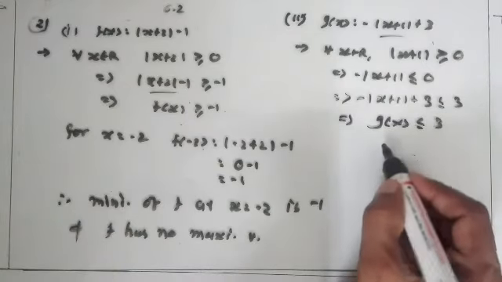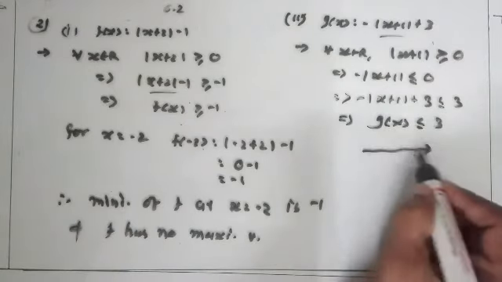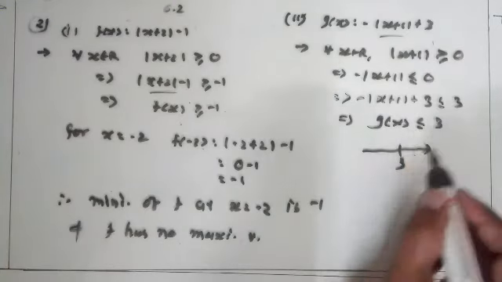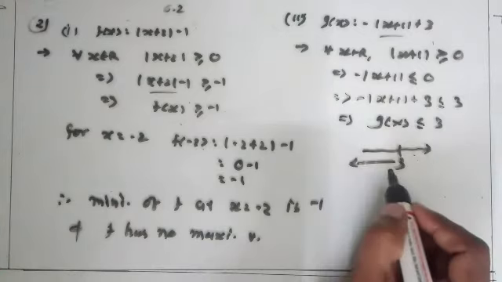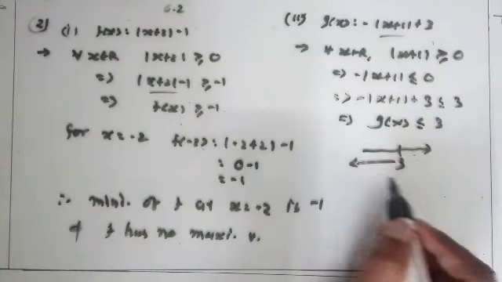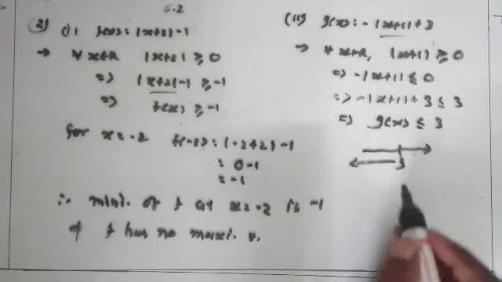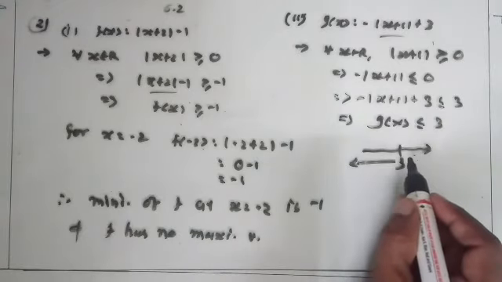That means the value of g(x) is less than or equal to 3. A minimum value is not given. So g(x) has no minimum value and a maximum value may be 3. Now check whether g(x) becomes 3 or not.